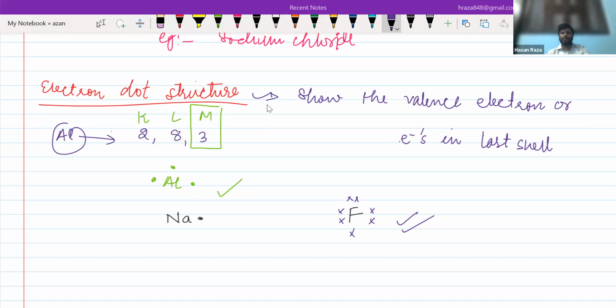Can you see the screen, Azam? Yes, sir. Okay, please write it and let me know when you are done with this.